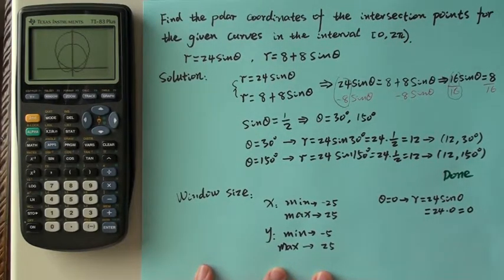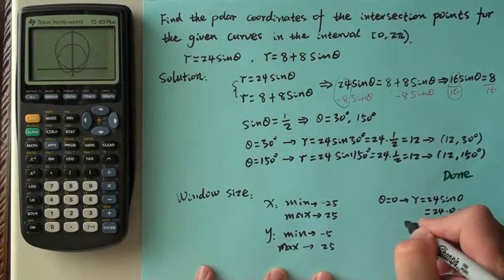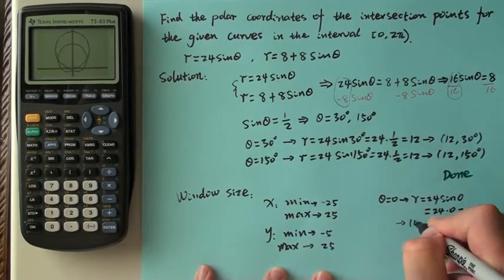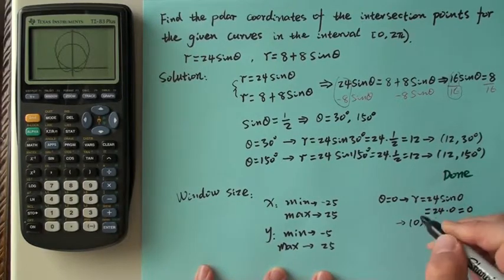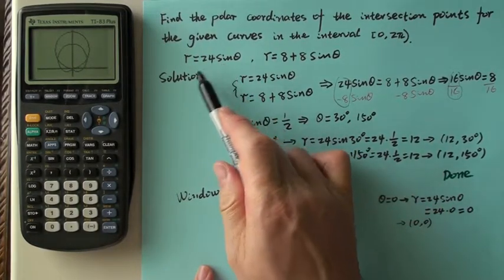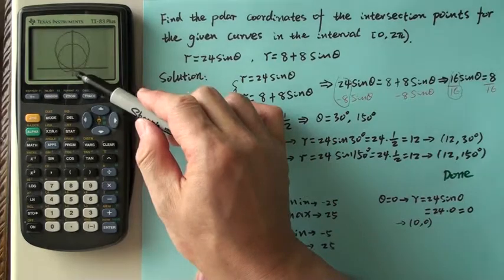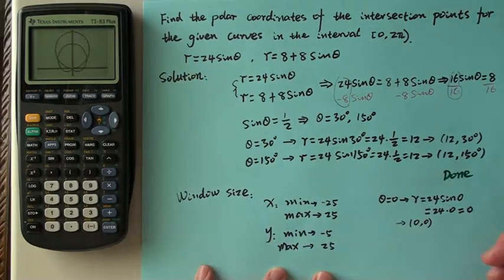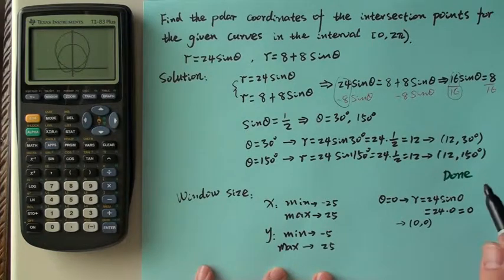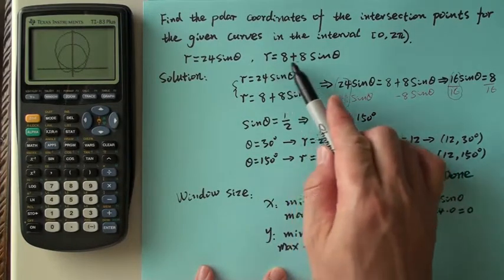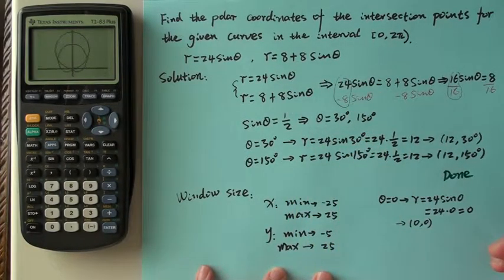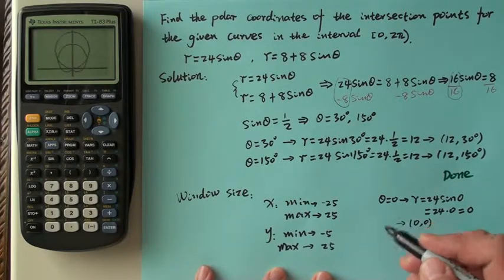So the first curve tells us we have 0, 0 on the graph. On this graph, that is the first one, like an ellipse. The second one is the one right here. What is actually the coordinate?